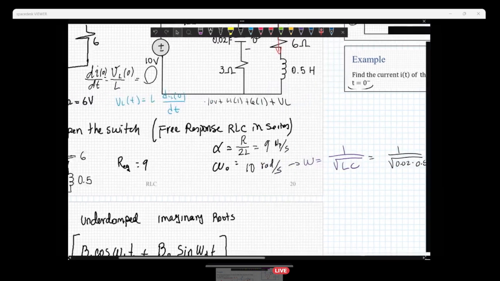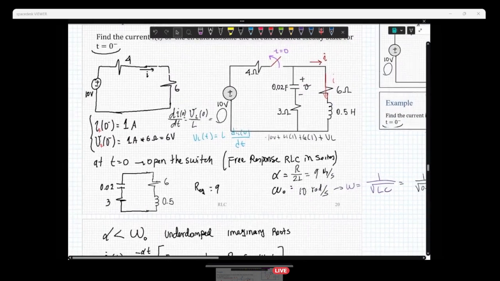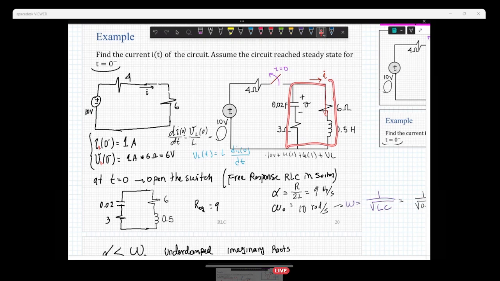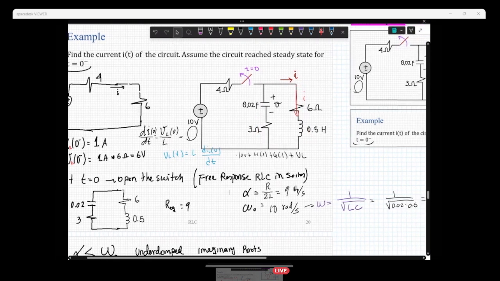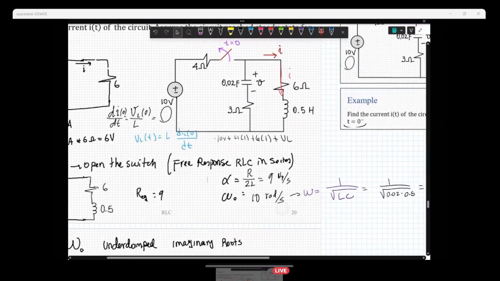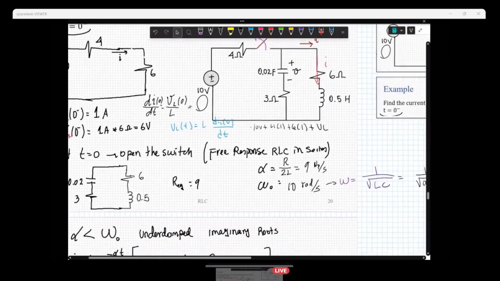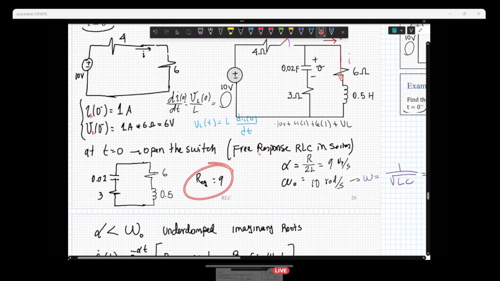Okay, and then this just comes from the fact that the resistor is in series, because since this switch is flipped up, you're doing this. The resistor in series would be 9. Yeah, 9. So you plug in 9 here, and then divide by 2L, which I'll check again.